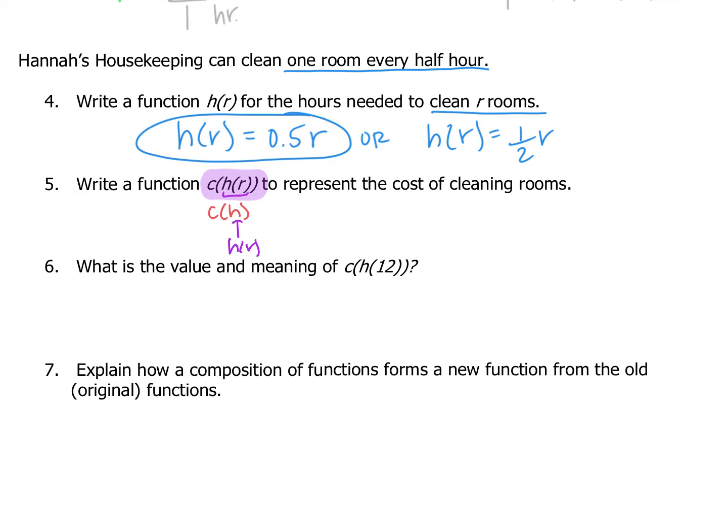Now, sometimes it's a lot easier to visually show it than explain it. So let's just write down our functions again. I'm going to write them down off to the side here. So number 1, c of h, when we wrote that down, was 20 plus 12h. And right above, we had h of r. That was equal to 0.5r.